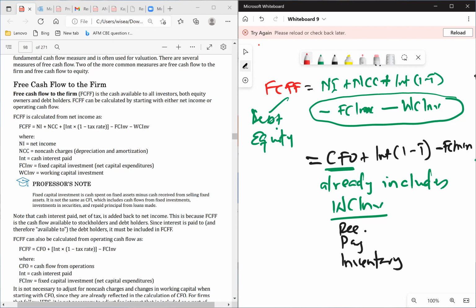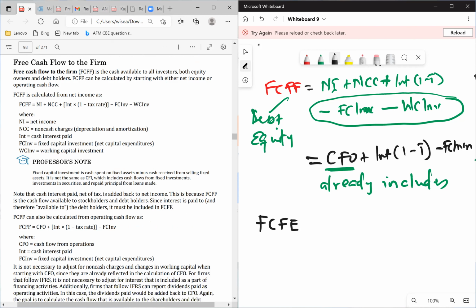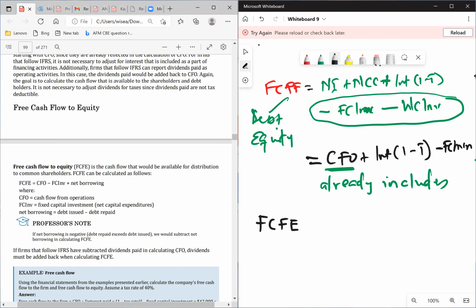Then the free cash flow to equity. Here we are looking at the cash flow available to only equity holders. So here we pick the cash flow from operations, and because we want free cash flow to equity, there will be no adjustment for interest.